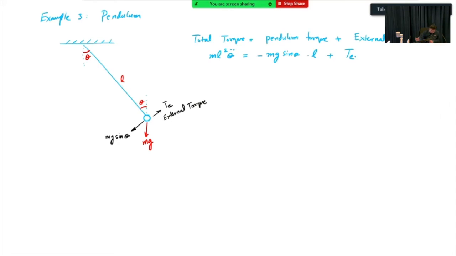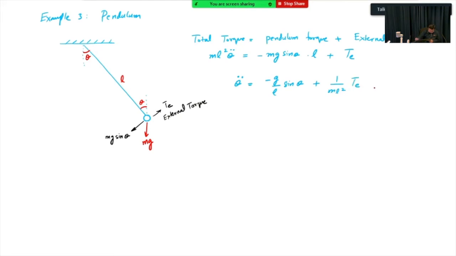And that's it. So interestingly, this equation is a nonlinear equation, right? So you have theta double dot equals, if you divide by ml squared everywhere, minus g over L sine theta plus 1 over ml squared Te.